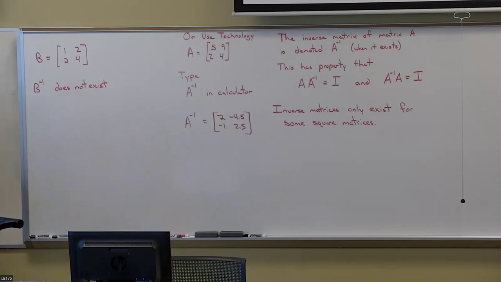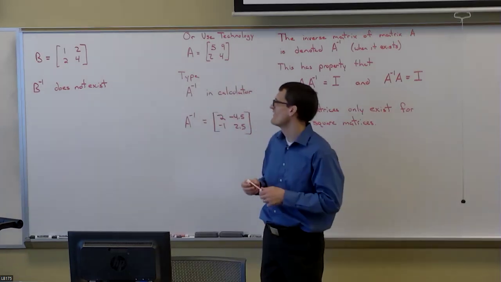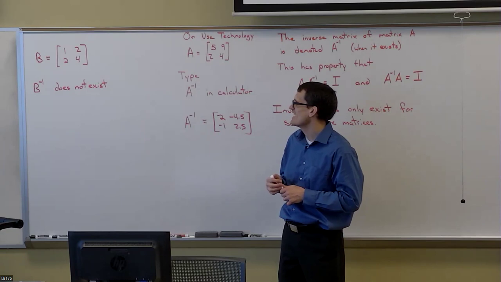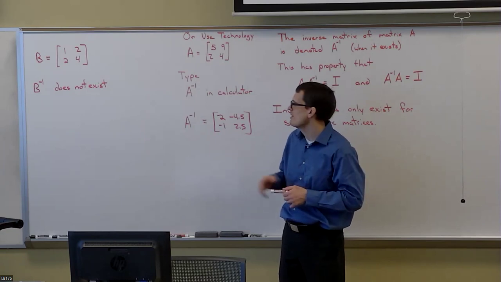I think if there's something that doesn't exist, then you write NS in all the entries, you know what I'm saying? So for no solution. B inverse does not exist.